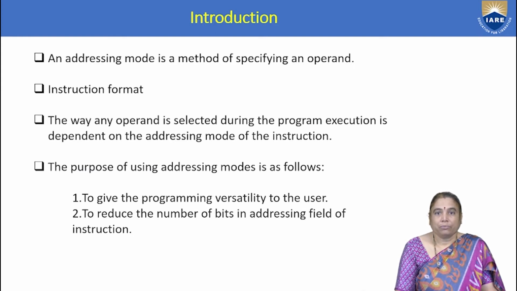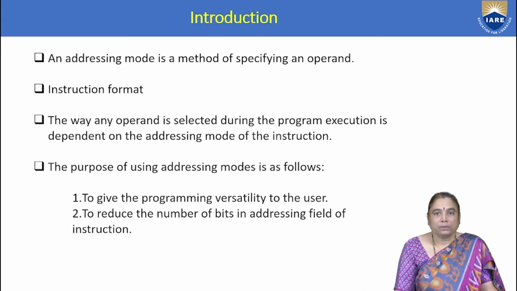The instruction specifies what operation is to be performed, but on which data this operation is performed, either a CPU register or a memory location, is specified by the addressing mode.